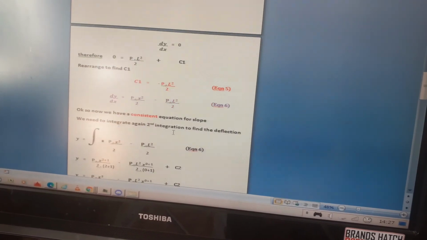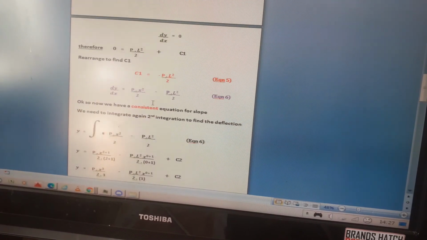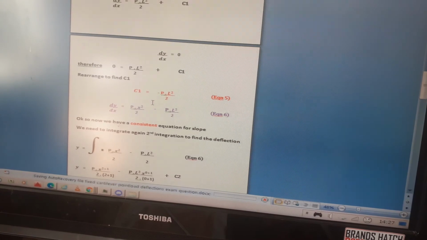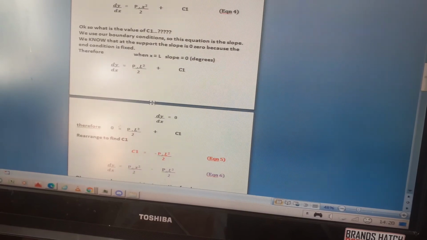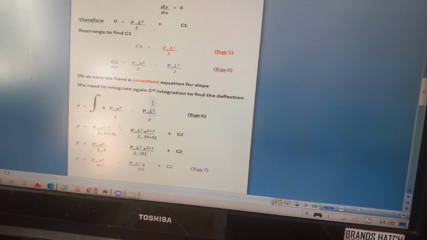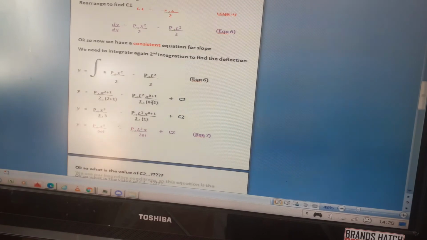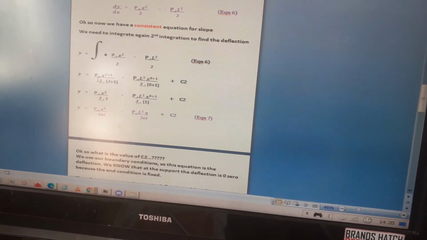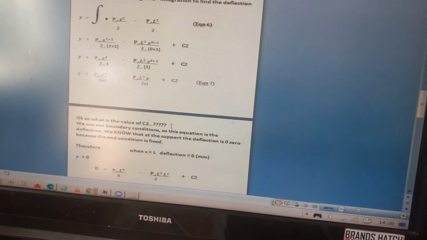C1 is minus PL squared over 2, so dy over dx equals PX squared divided by 2 minus PL squared divided by 2. Integrate this equation and you get PX to the power of 3 divided by 6, minus PL squared x divided by 2EI, plus C2.